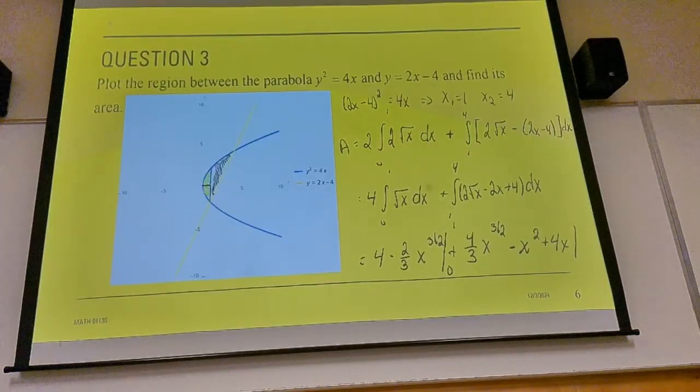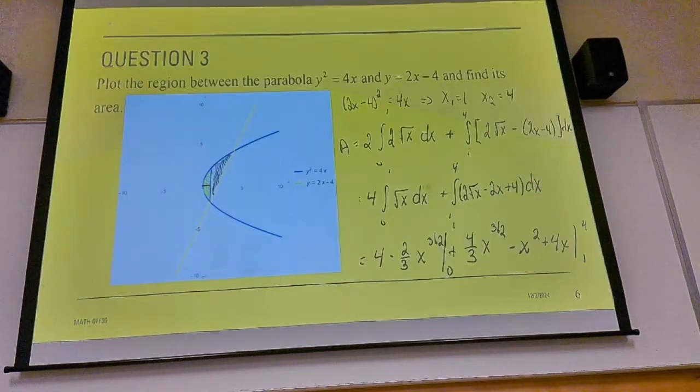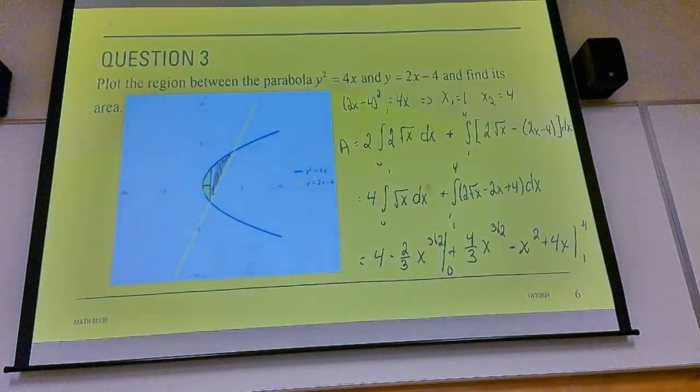The second piece goes from 1 to 4. Four times 2/3 is 8/3. Oh, no, this one's easy. That's just 1. So 8/3 it is.